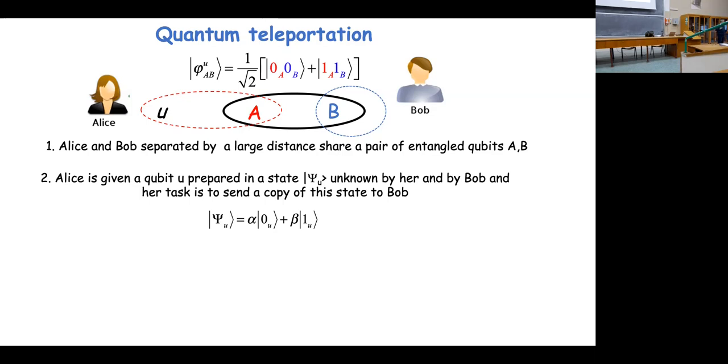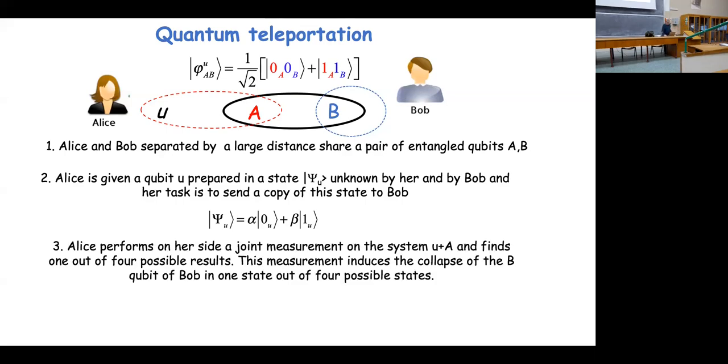So this state is a priori unknown by Alice and Bob. But the task of Alice is to send the information which will allow Bob to reconstruct the state in the other location. So what happens?